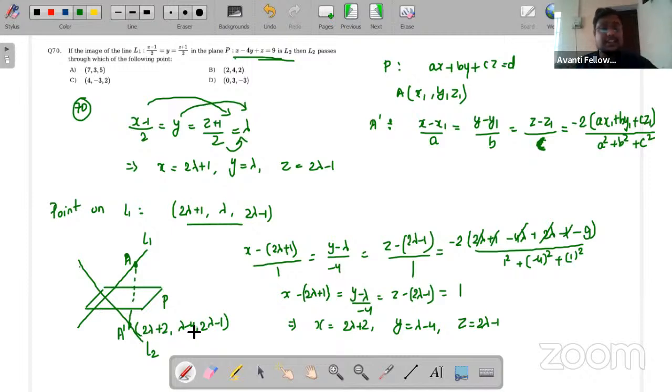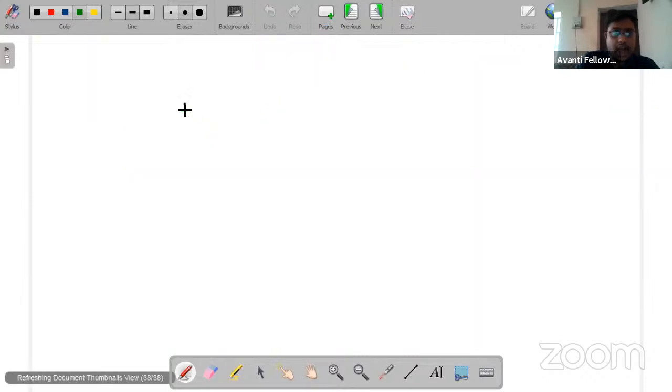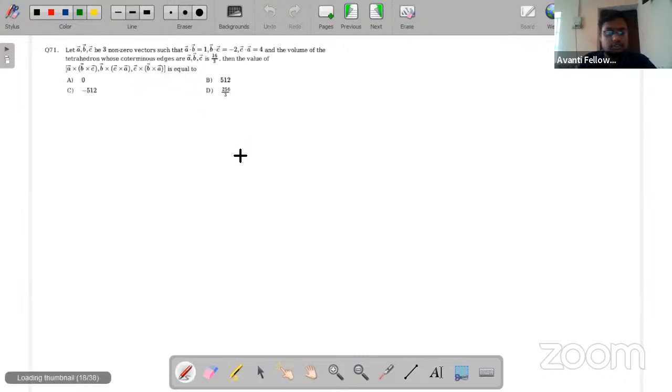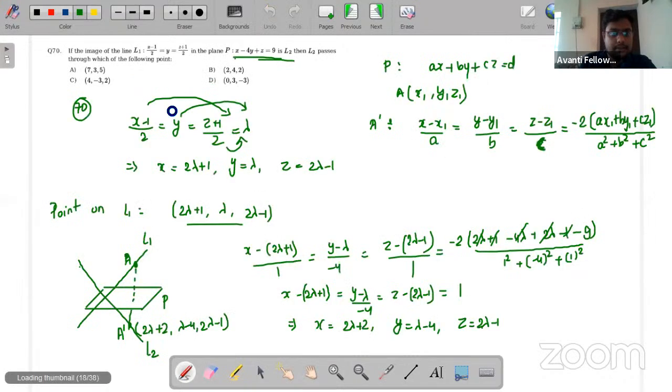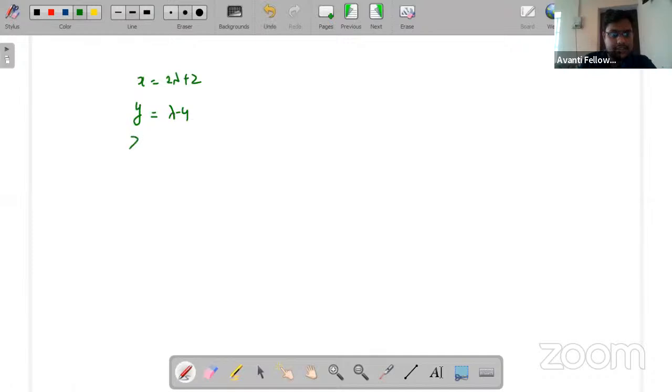With that general point we can also form a line. On the next page I can equate x with 2 lambda plus 2, y with lambda minus 4, and z with 2 lambda minus 1. From these three we find lambda in terms of x, y, z.